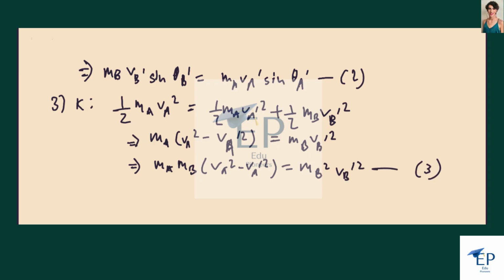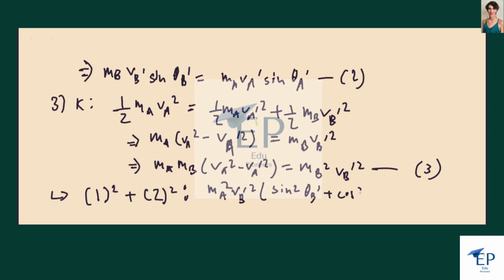Okay, so the first step in dealing with these is to square both equations 1 and 2 and add them together. So what you get from there is the following. You get MA squared times VB prime squared times (sine squared theta B prime plus cosine squared theta B prime).